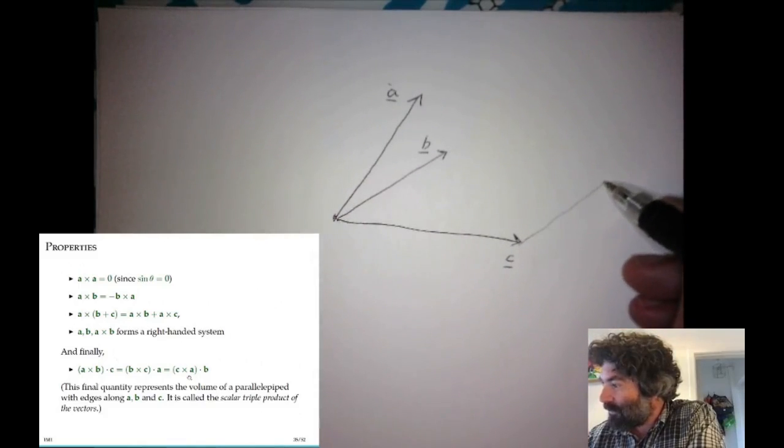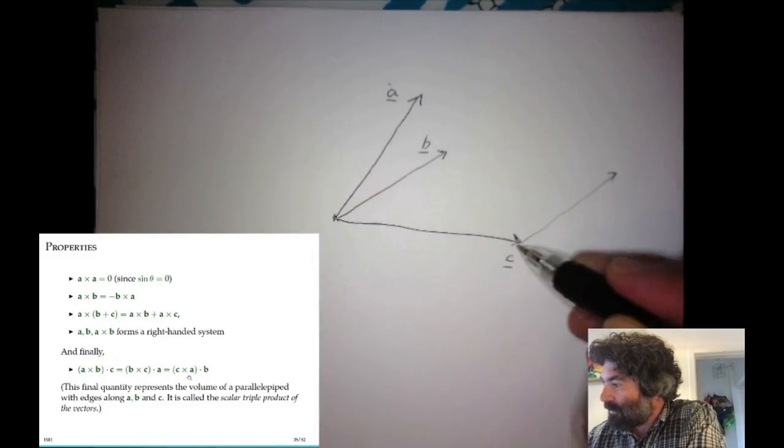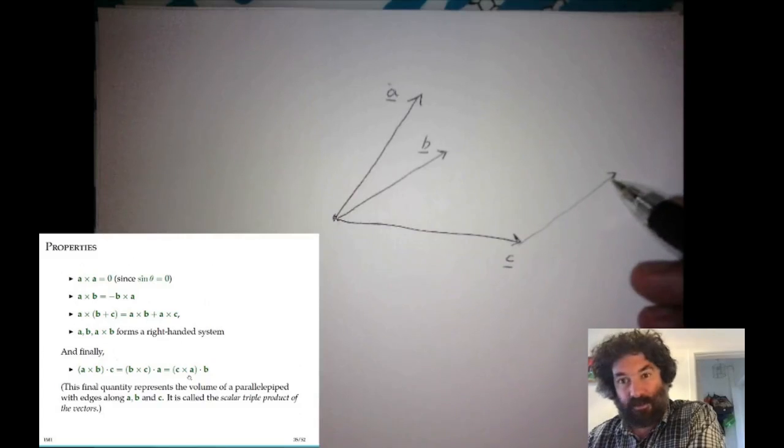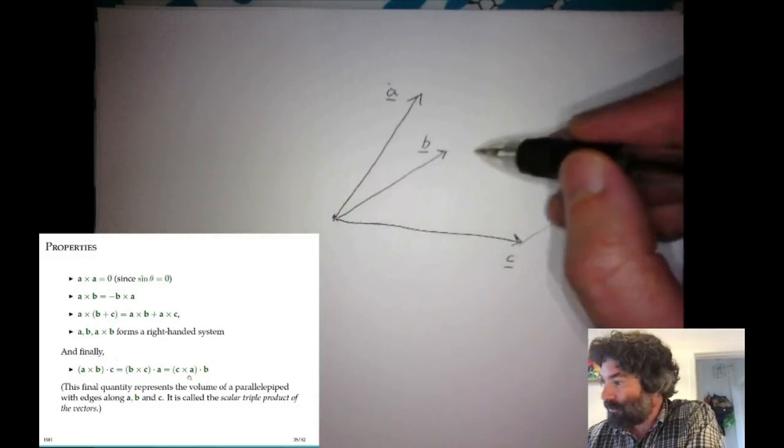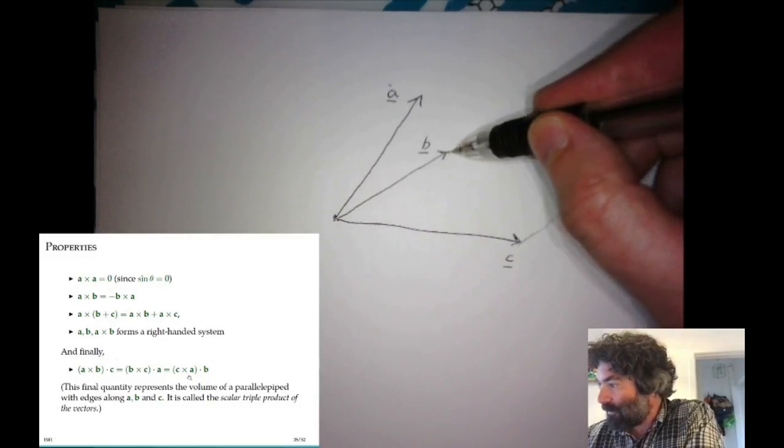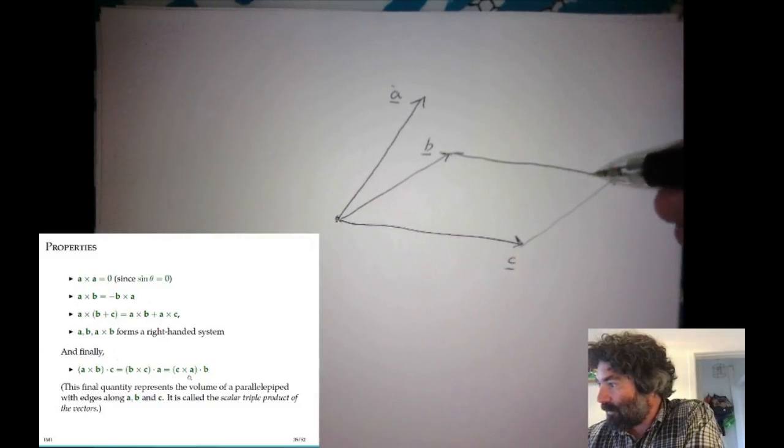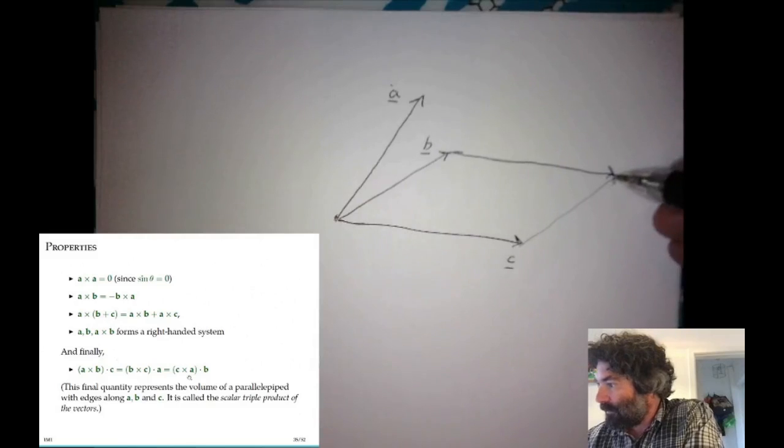So translate it here. Put its base at C, and so we have this vector here parallel to B, really the same vector as B, with base at the end of C. And then this would be vector C. And then we take A and put it over here.